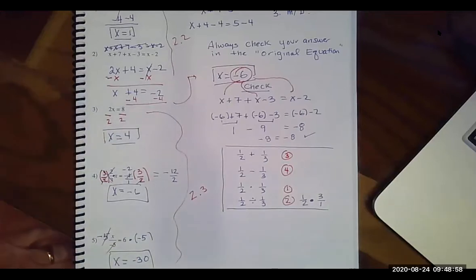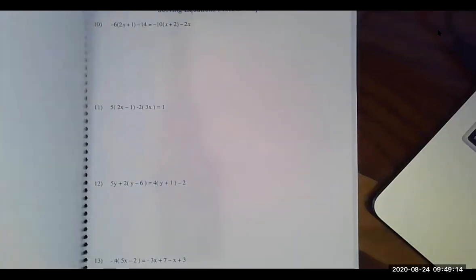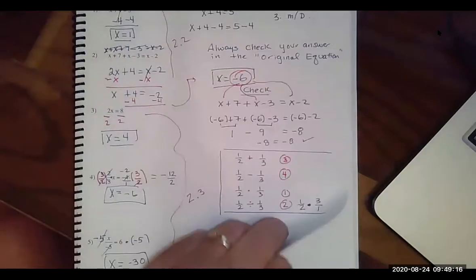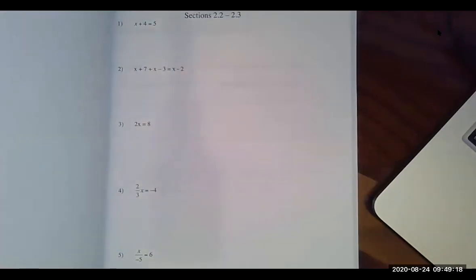And then 2.4 is the hard ones. Hard meaning there's a lot of steps, multiple steps. And there's a couple of little quirky answers that we're going to find out too. So the next page should have some of those. Yeah, the next 2 pages have bigger problems to consider.